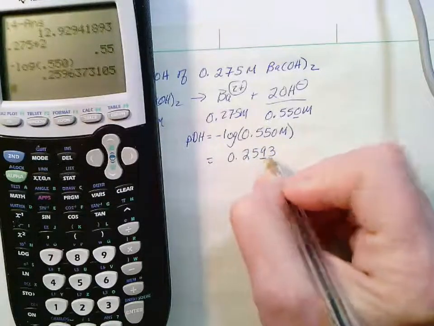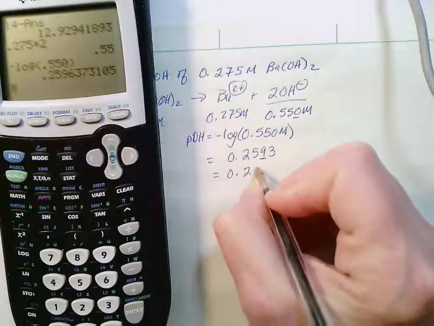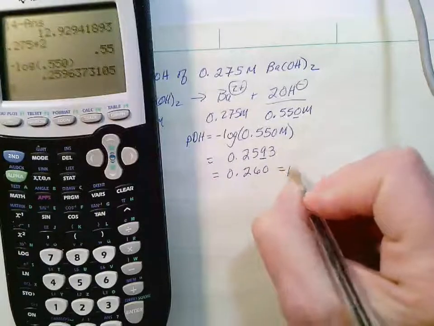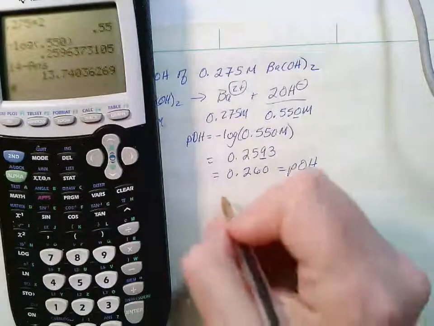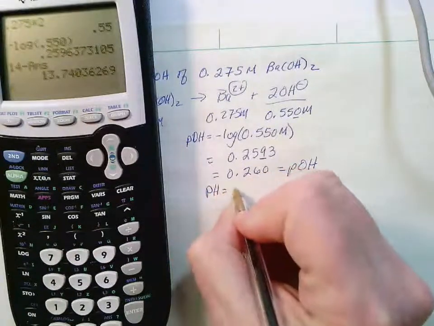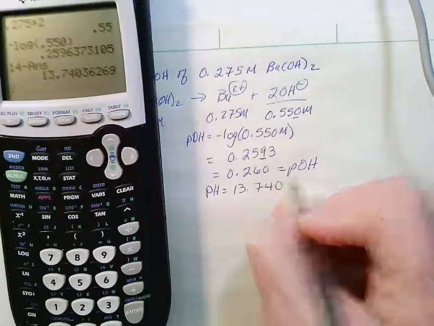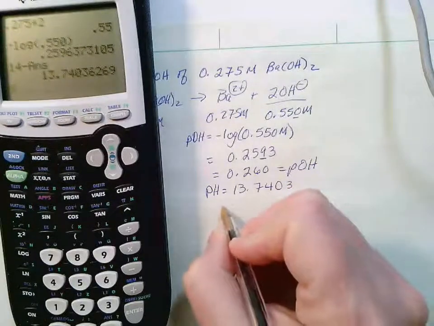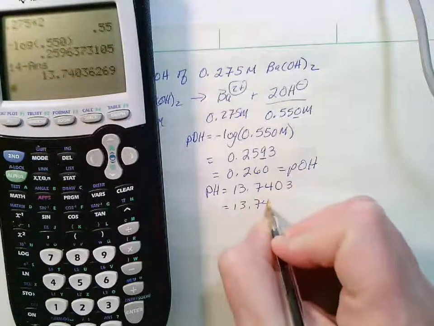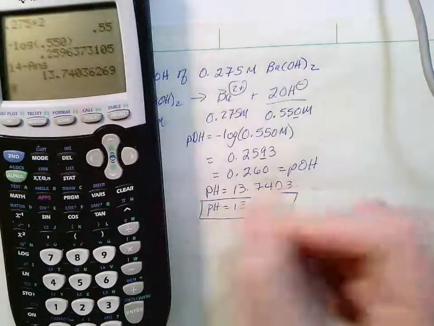I have to keep this third spot, so it's going to equal 0.260 is my pOH. So 14 minus that answer is going to equal 13.740. And the next number is a 3, and so this would round to 13.740 is your pH.